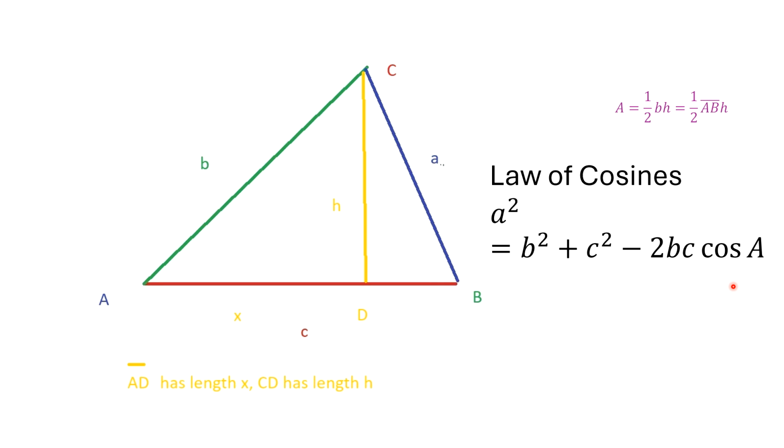Okay, so it happens that if the angle is 90 degrees, if we were to have a right triangle, the cosine of 90 degrees is 0, and look at what you end up with: the Pythagorean theorem.